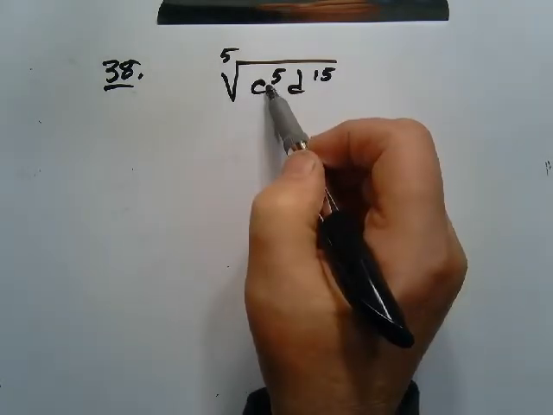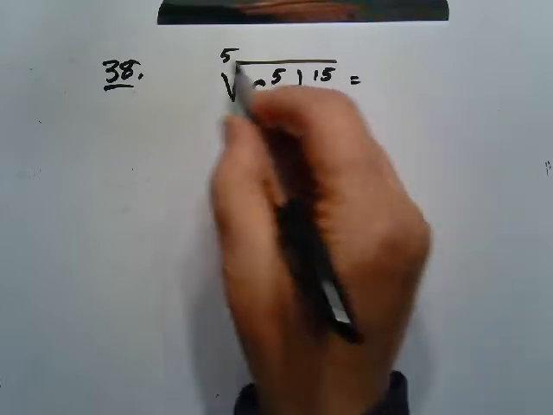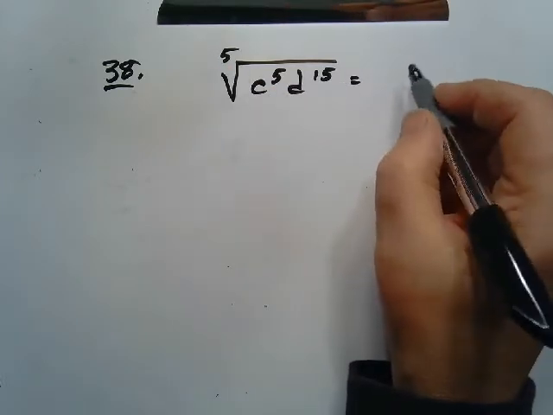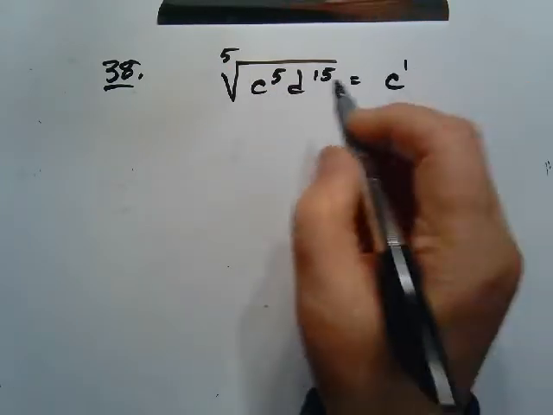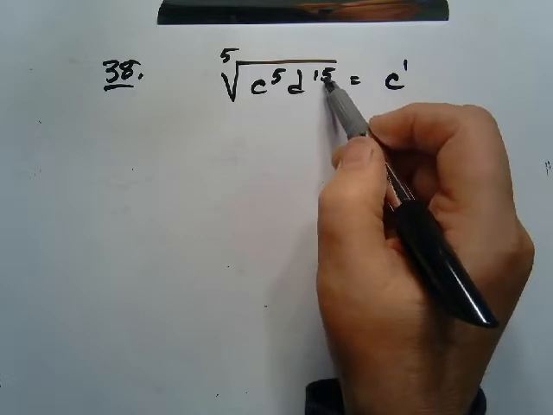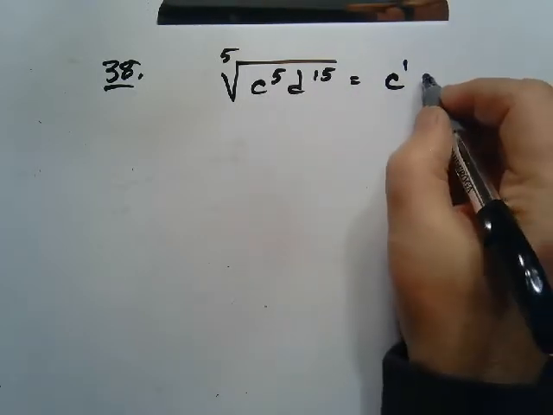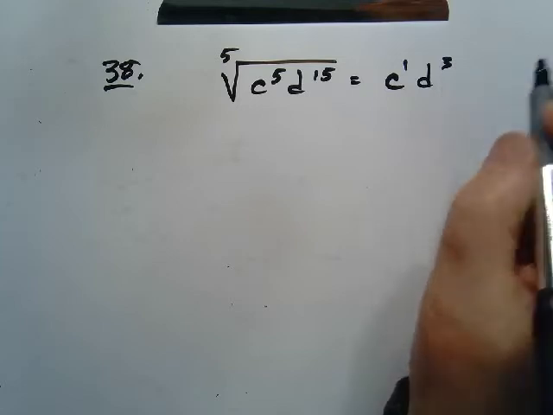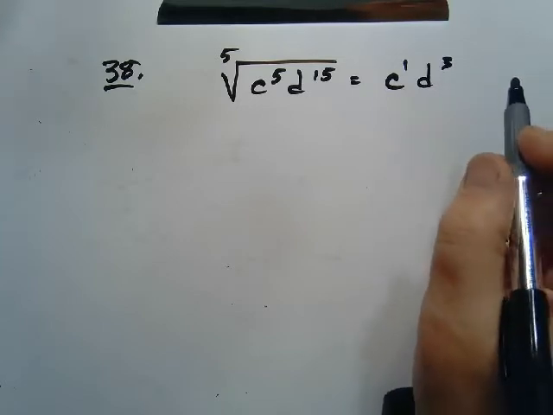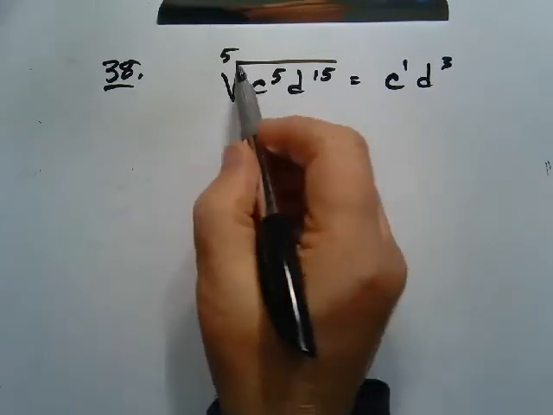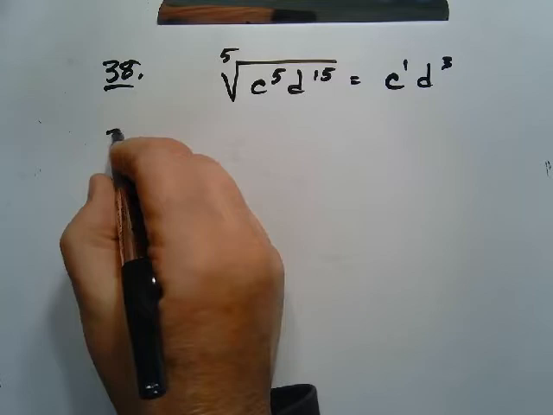Well, it'd have to be c. So simply divide the exponents here. 5 divided by 5 is c to the 1st, and 15 divided by 5 is 3. So this is d to the 3rd. So c to the 1st, d to the 3rd. Remember, you're dividing the exponents when you take a root of something.